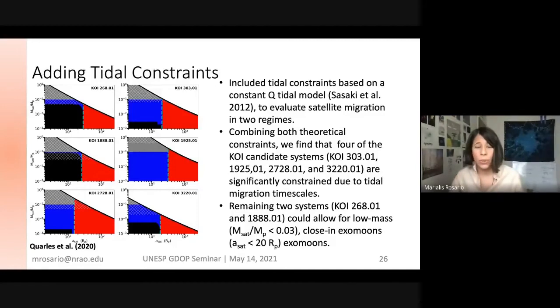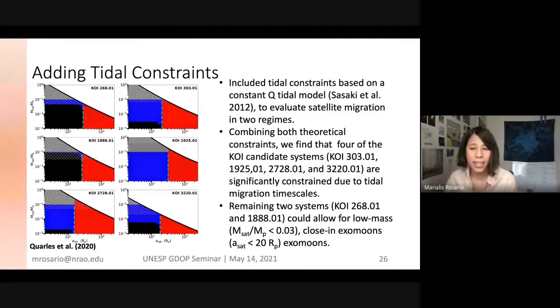And so combining both theoretical constraints, the one that we derived in my paper, and the one based on Sasaki et al., we found that 4 of the candidate systems are constrained due to tidal migration timescales. Therefore, they could not host exomoons.